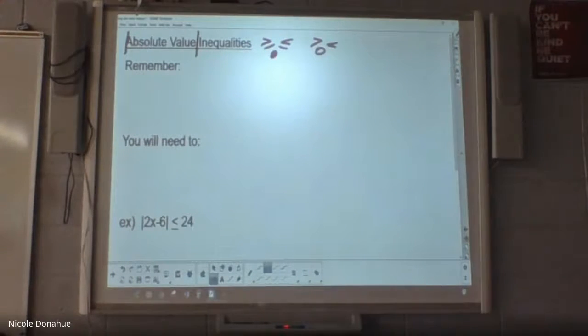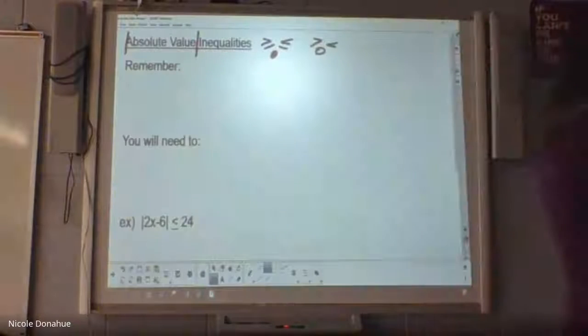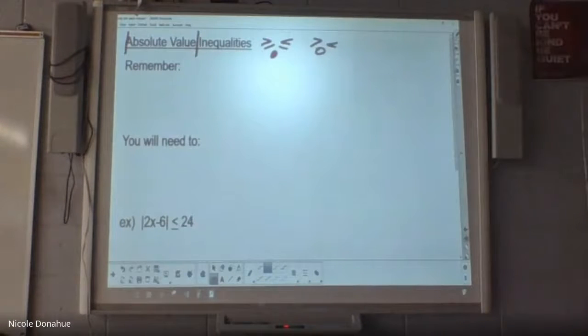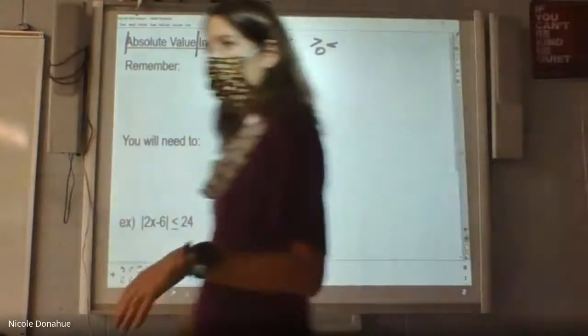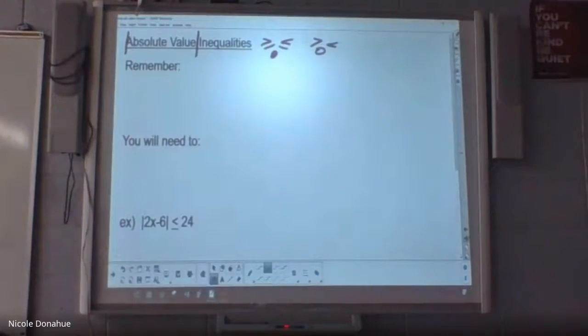What are some things you would remind someone if your sibling came home and said, hey, we started talking about absolute value or inequalities today, either one? What would you remind them to do? What are some of the things we have to remember to do with absolute value or inequalities or both? There's probably 3 things you want to remember to tell them.